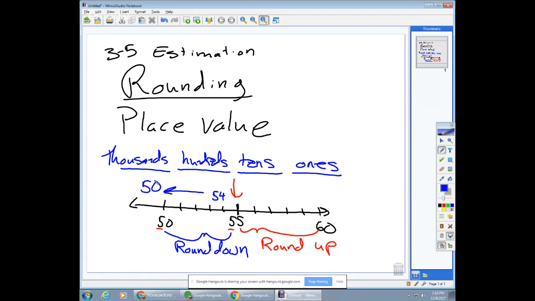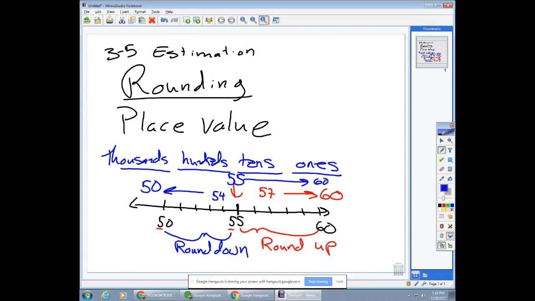If it was 57, we would round that up and call it 60. What would we do if it was exactly 55? Yeah, we round that up too, so that's going to go up to be 60.